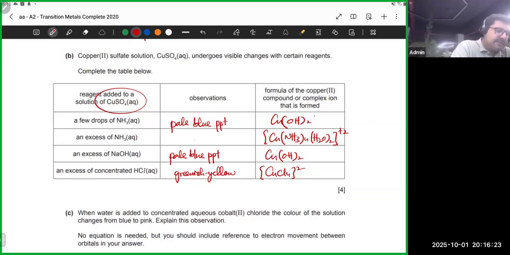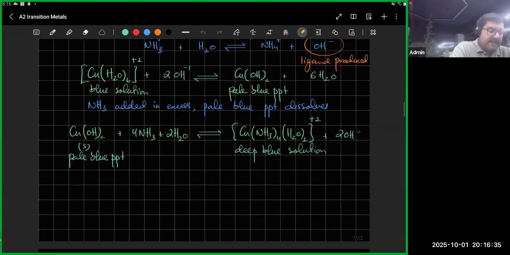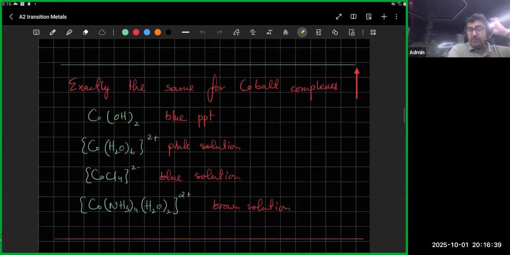And the last one is deep blue. So you've got to remember these complexes. These have to be memorized, and all these ligand exchange reactions. You have to remember the exact same thing for cobalt as well. It's going to be the exact same complexes and the same equations, except that the colors are going to be totally different.